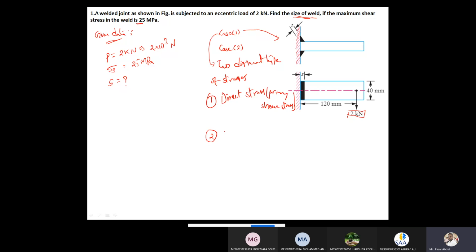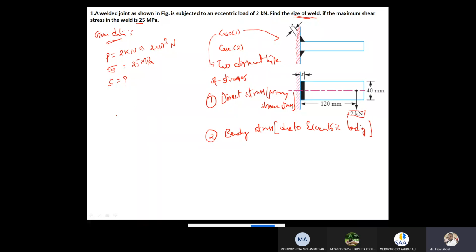The second one is the bending stress, which is due to eccentric loading.